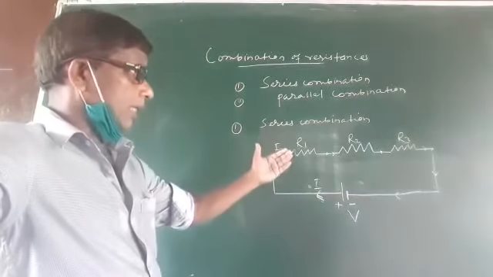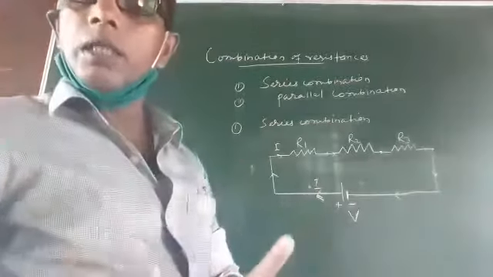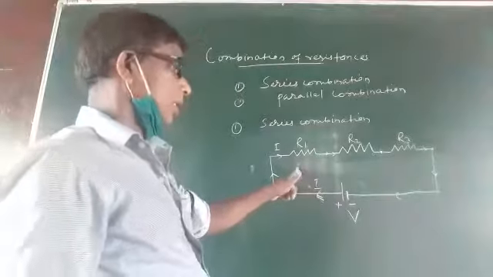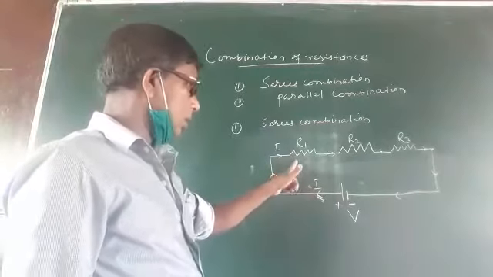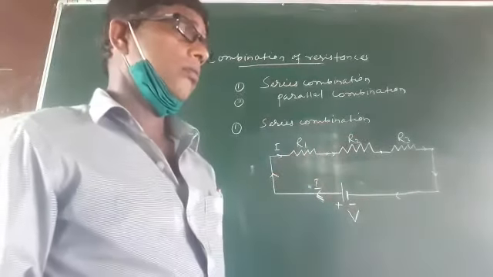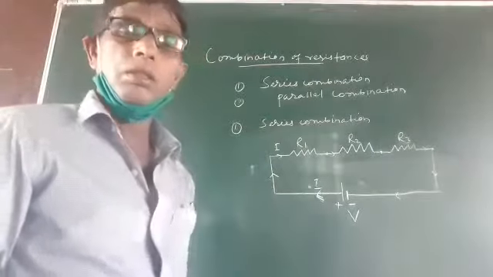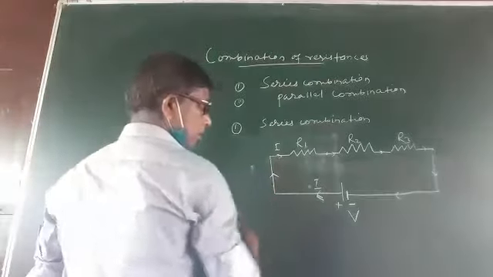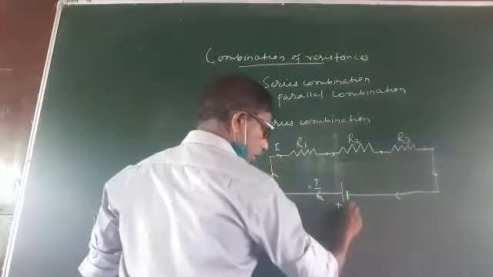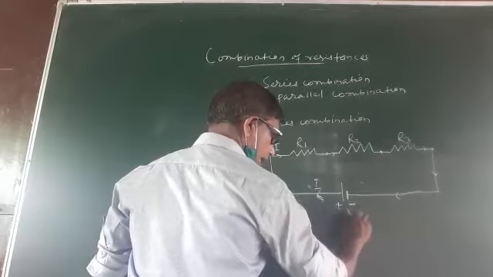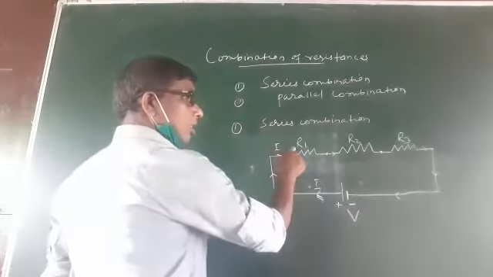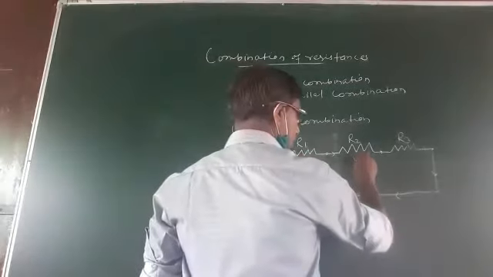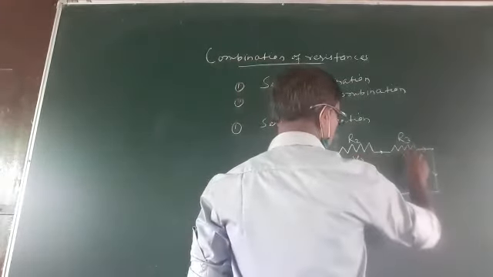Okay, so what is the equivalent resistance? That means the effective or total resistance of this combination, since all are in series. So we have to use Ohm's law. Total voltage supply is V. This resistor will take V1, this will take V2 and this will take V3.